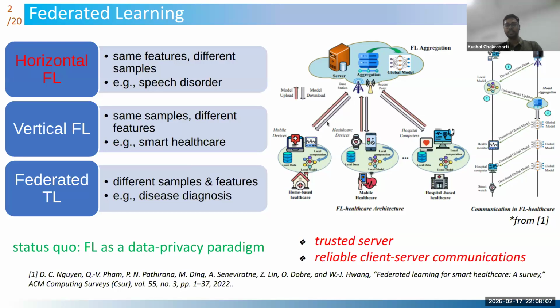Only once all of these are secure can you say that federated learning is secure. In this talk, I'll be focusing on one particular aspect: the communication channel between the server and the agents is not secure. Basically, a third party is eavesdropping on the channel.